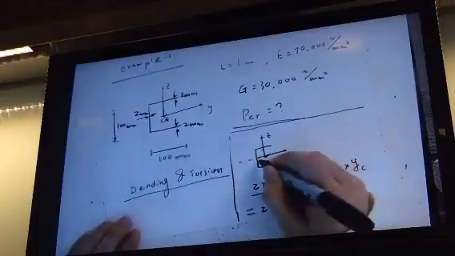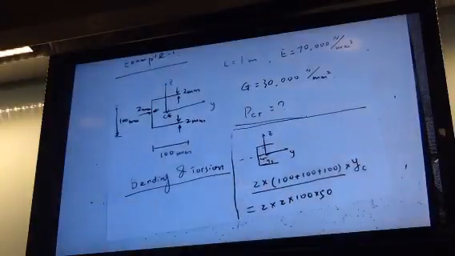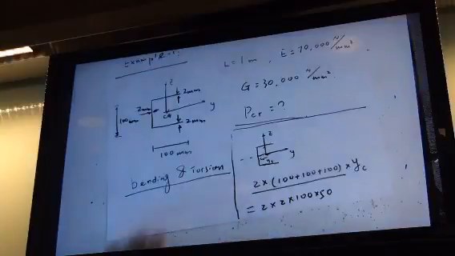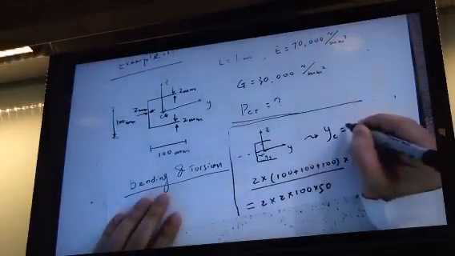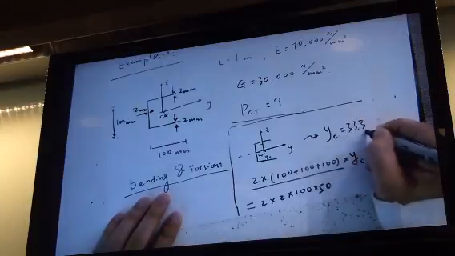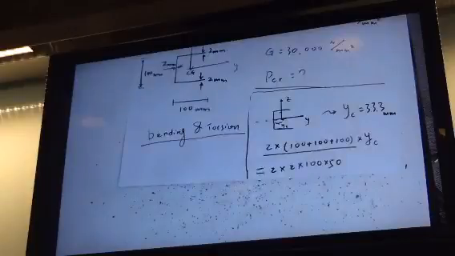Suppose this distance is YC. This is the formula to calculate the centroid of this cross section. In these coordinates, the total area times the centroid equals the sum of each area times its centroid. So this will give you YC equal to 33.